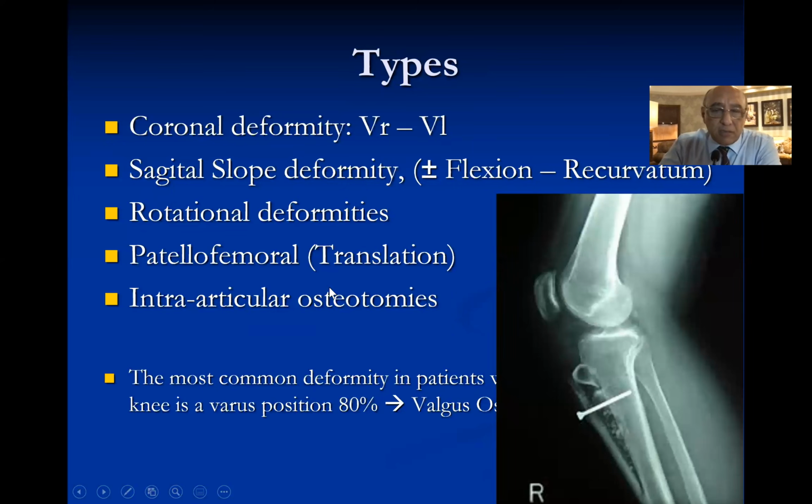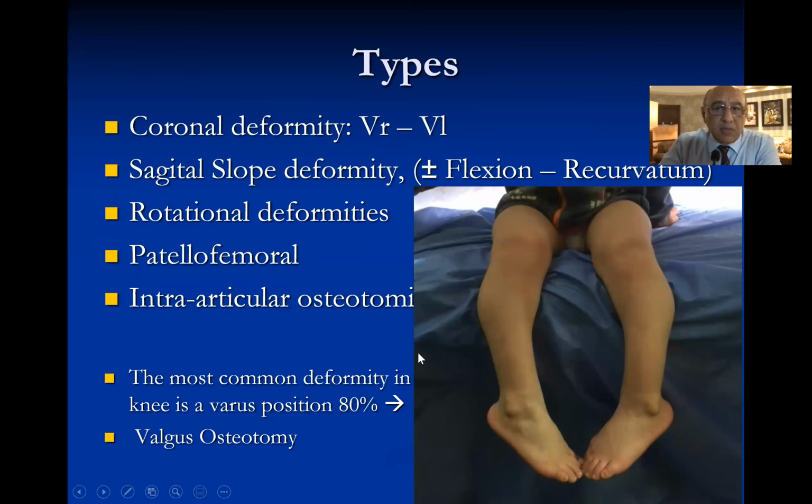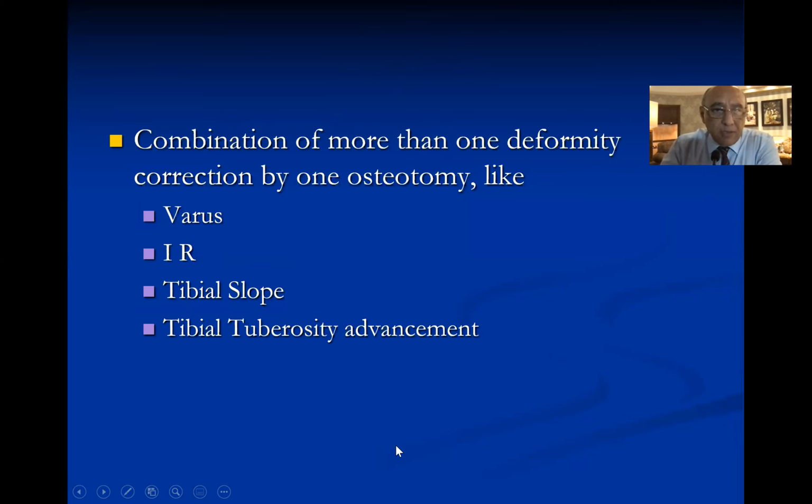In the patellofemoral joint, we may need to make an anterior translation of the tibial tuberosity. But because the most common deformity in the Egyptian population is varus, it constitutes 80% of the deformities around the knee, we will talk about valgus osteotomy, or valgus producing osteotomy, of the upper tibia.